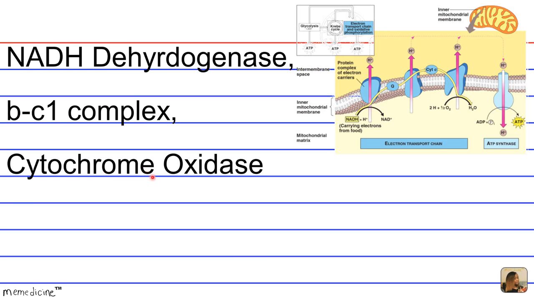And the last integral membrane protein that we're going to shed some light on is this one, cytochrome oxidase, as we can see here, okay? It's sometimes called complex 4. It's obviously a large transmembrane protein complex, and it's the last enzyme in the respiratory electron transport chain of the inner mitochondrial membrane, okay?